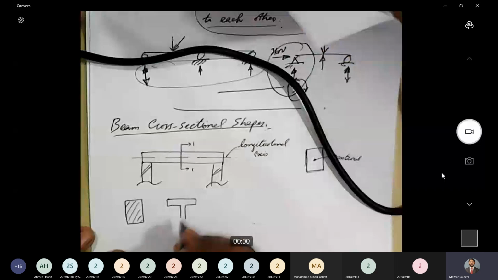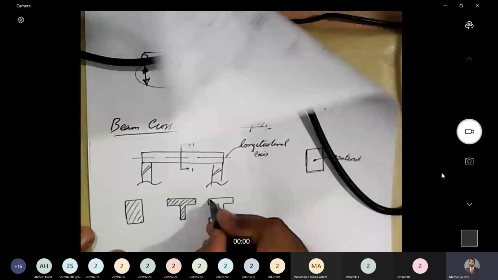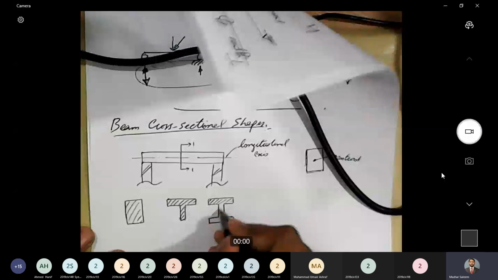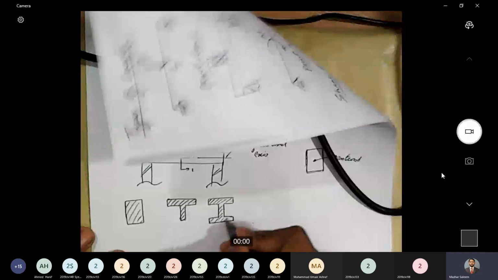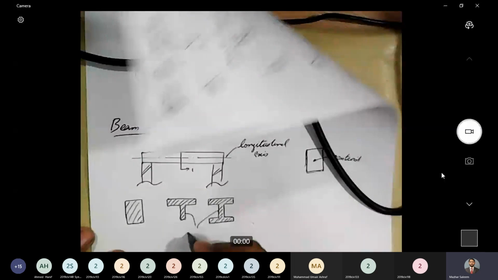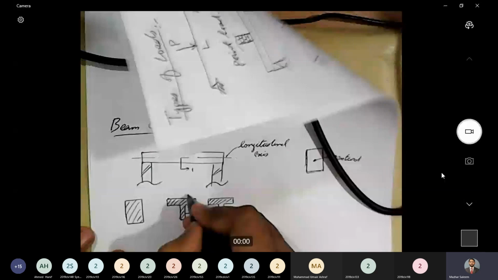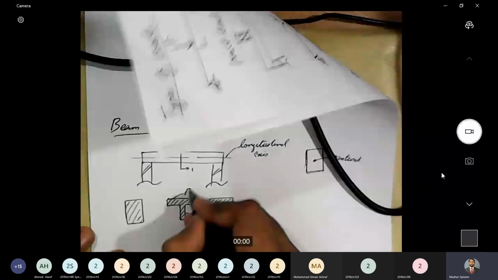I-shape is more layman's language; in civil engineering terms, we call it a W section or sometimes an HP section, but you will study that later on. In T section and I section, this vertical element is termed the web of the section, and this horizontal element is termed the flange.